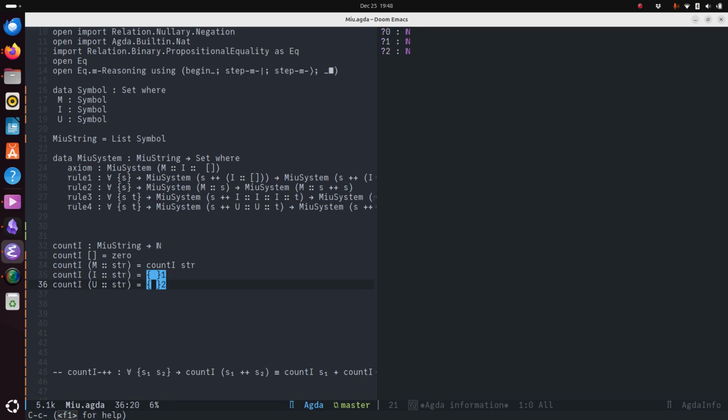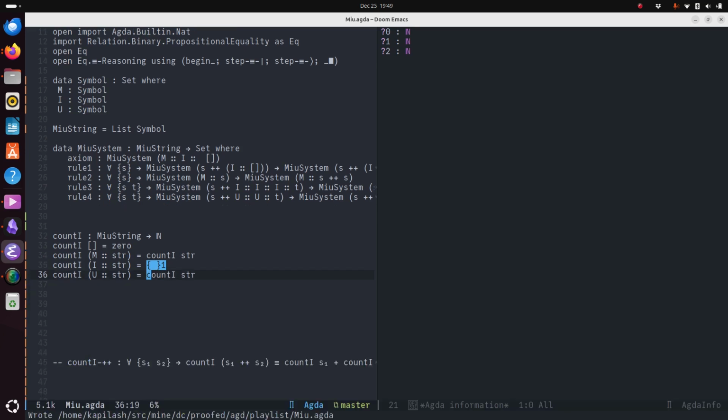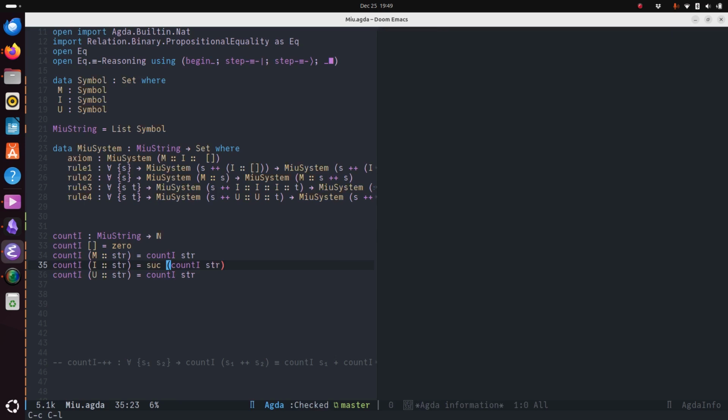Same with the case where the first letter is U. Only in the case of I will we have to increment the result of the recursive call. There, we interactively implemented our first function in Agda.